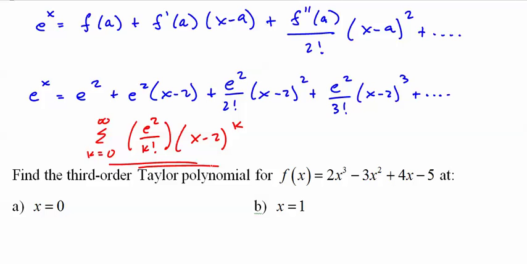So you could find e to the 2.1 using this because it's centered at 2. And that's how we handle this whole x equals 0 versus x equals a thing.